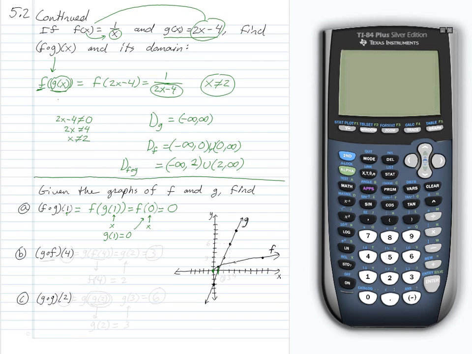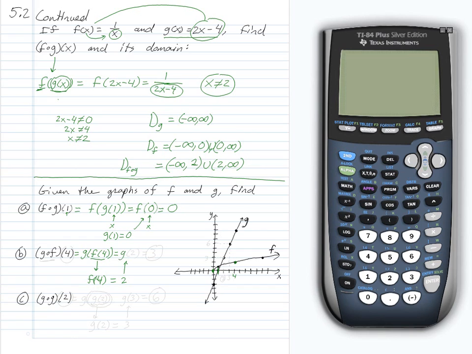In similar fashion, we can evaluate g of f of 4. Let's see how that goes. So g of f of 4. We'll take f of 4 off to the side and think about our graph. Now we're looking at the f curve. f of 4, if we come over to 1, 2, 3, 4, f is at a height of 2. So we'll plug that back in.